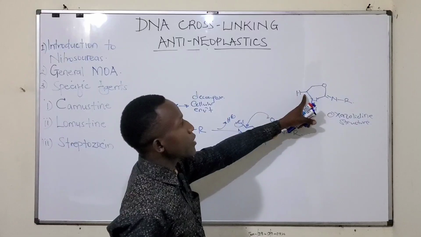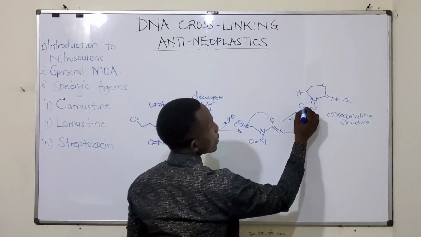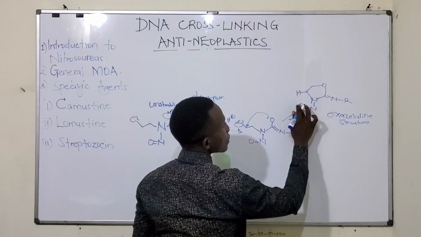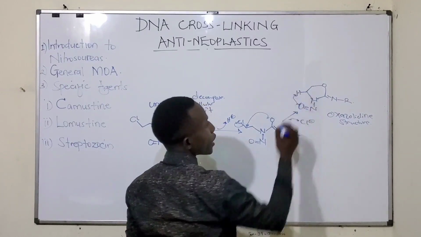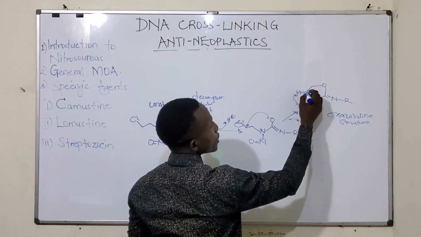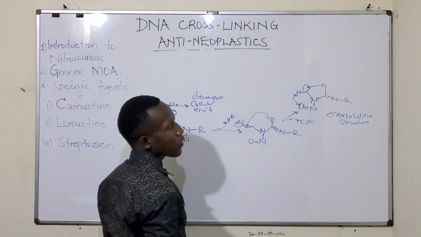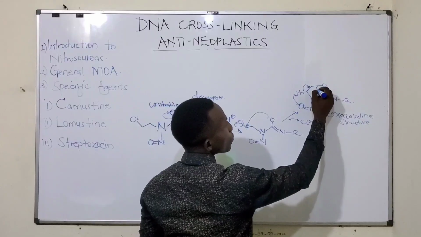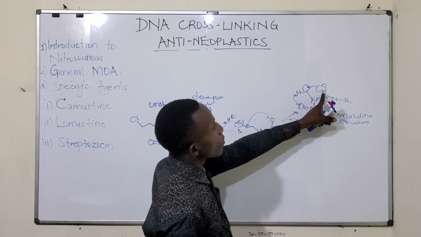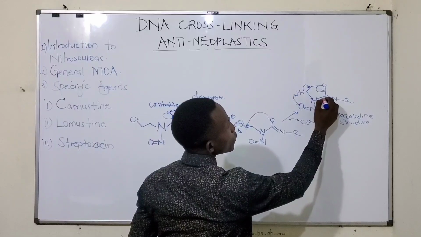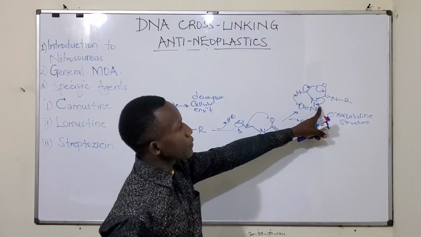Here we have the hydrogen atom. This oxygen has lone pairs of electrons to attack this hydrogen. Then this hydrogen will give the electrons to this carbon here, which shall form a double bond. Then this bond will break and form a double bond here. When you form the double bond here, this bond will also break. When it breaks, we shall form a bond here.